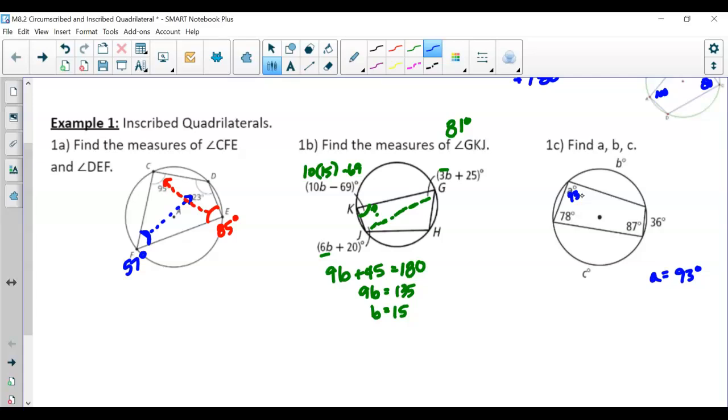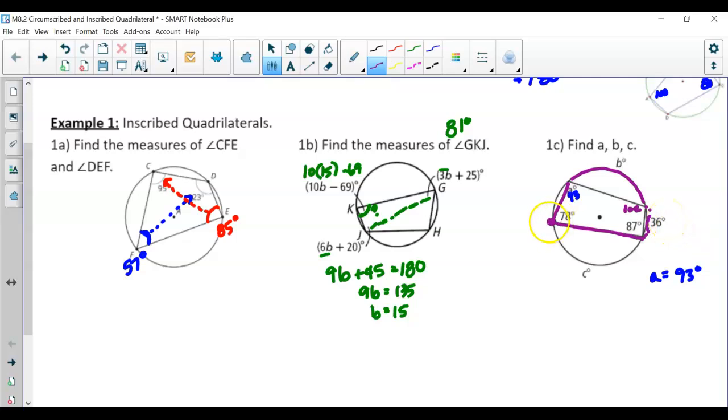Now to help me with solving the problem, I'm going to go ahead and get the other opposite angle, even though it's not being asked for just yet. So here, this angle is 102. Now let's start talking about B. Well, with the edge of B, we're talking about using the 78 degrees. But 78 degrees is creating this arc here, including the 36.